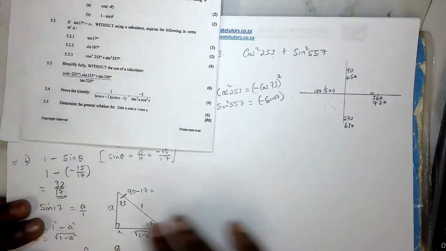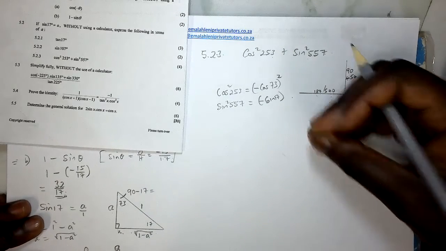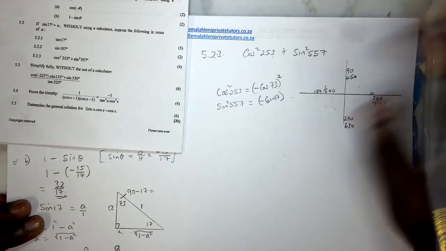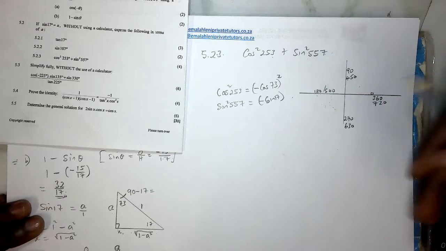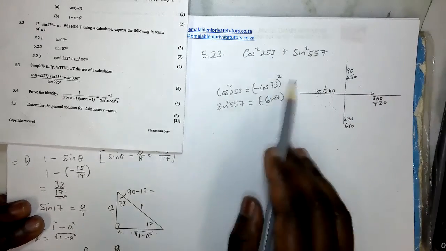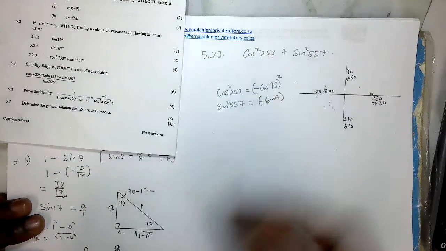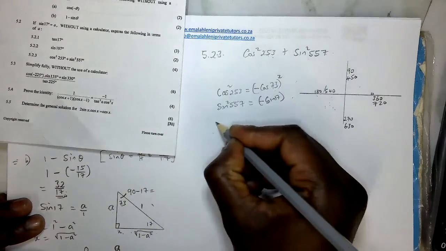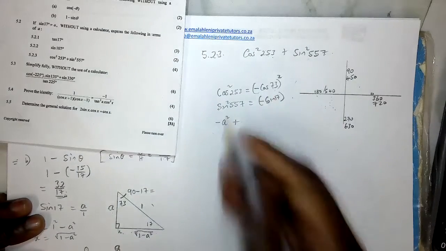We refer back again to our triangle, because they're saying don't use a calculator. So you must always try to find the acute angle, whichever is going to be obtuse or a reflex angle. You don't need to stress, but just try to find out which quadrant your angle lies in. How do I get the acute angle from there? Then that's it. Now we know the value of cos 73. Cos is adjacent over hypotenuse. So in this case here it is negative a squared, plus, then what do we have?